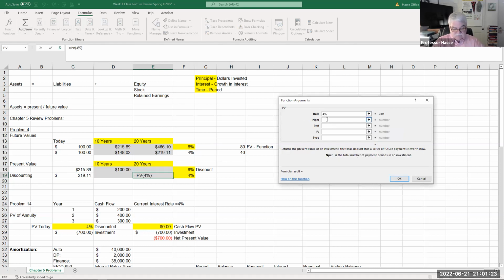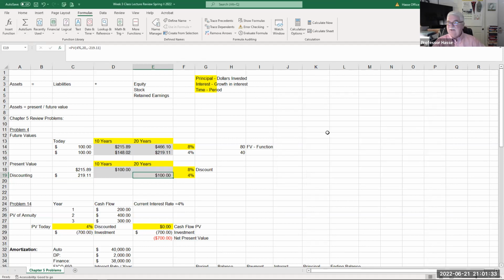The number of periods is 20, and the future value is $219.11. And we get $100 again. So either going forward in time or backward in time, that's a very important concept to be able to figure out for finance. We're going to practice this in our quiz number 2 of next week, doing these sample problems.